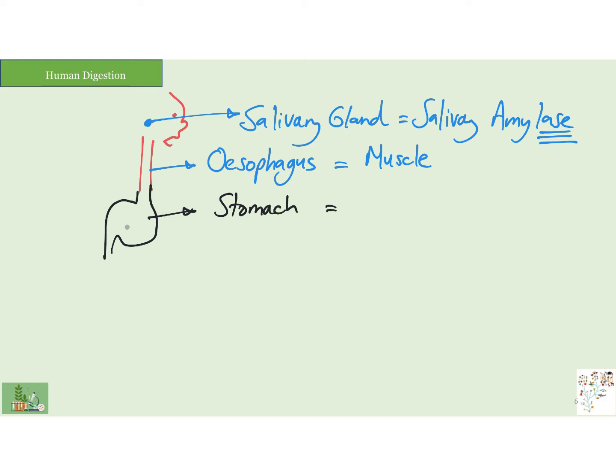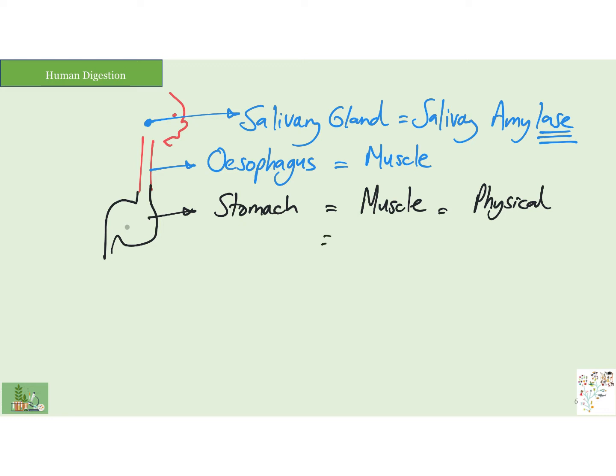Okay? The stomach has got lots of functions. Not all of them are related, though, to digestion. And most of you got it wrong when you said what one of the functions was. The first thing, the stomach is a very powerful muscle, which again means it can be used in physical digestion. So it breaks things down from large molecules into small molecules.